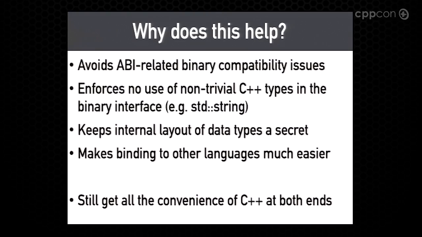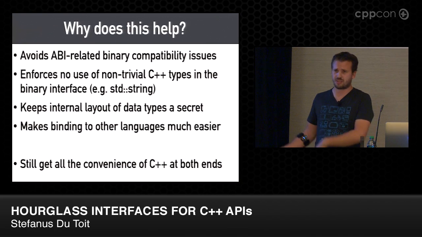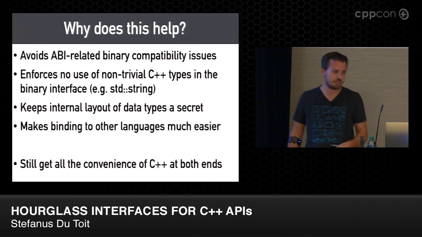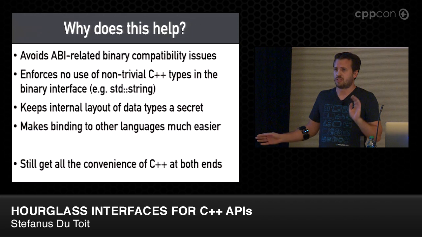So, some of the reasons why this is not a crazy idea. First of all, it avoids a lot of ABI-related binary compatibility issues. If you pick the right subset of C89, you can essentially be guaranteed that release build, debug build, this version of the runtime, that version of the runtime, none of it is going to make a difference.